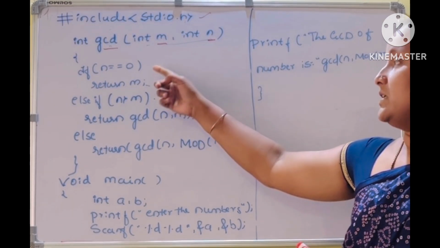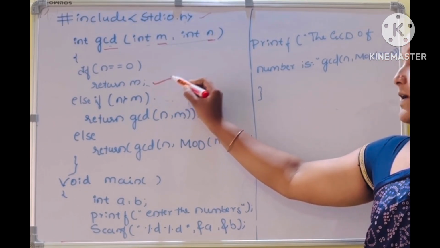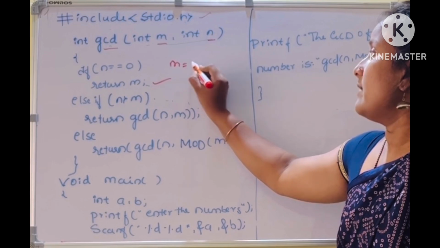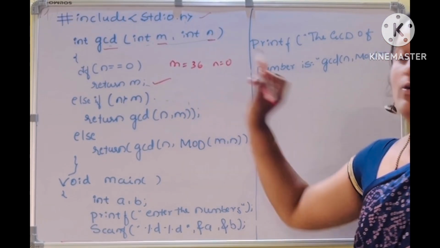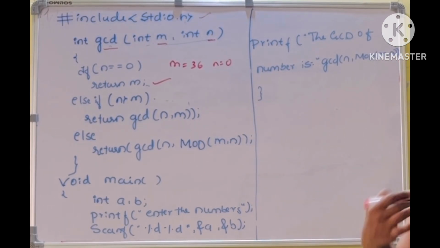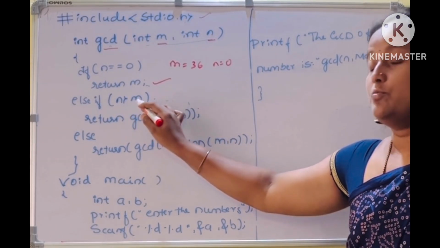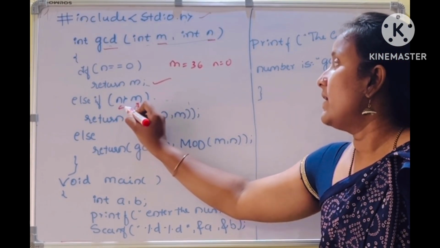The first condition is when n is equal to 0; we return the m value. As I told, suppose m value is 36. When n is equal to 0, it returns the m value. Suppose this condition is not true. In the second situation, n is greater than m. Suppose m value is 2 and n value is 4.